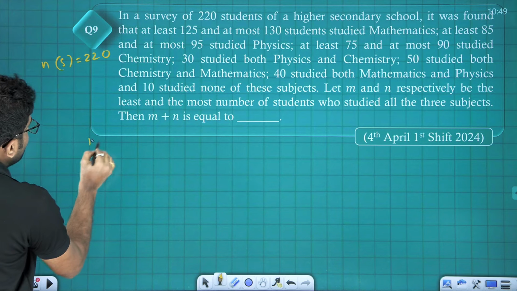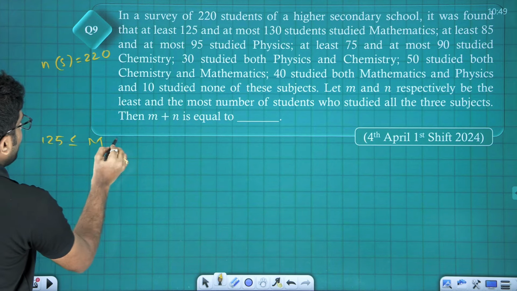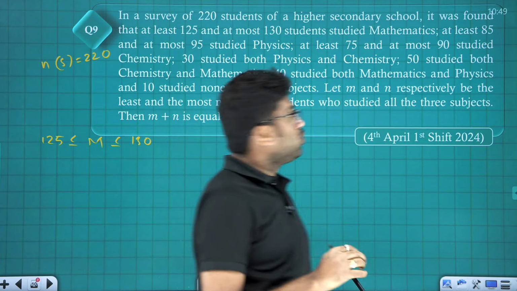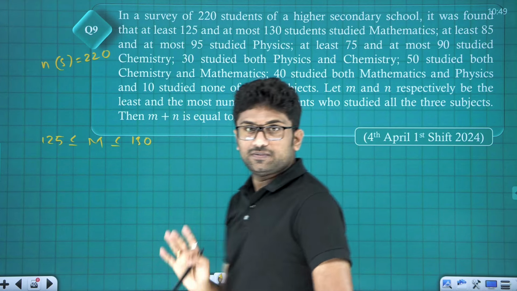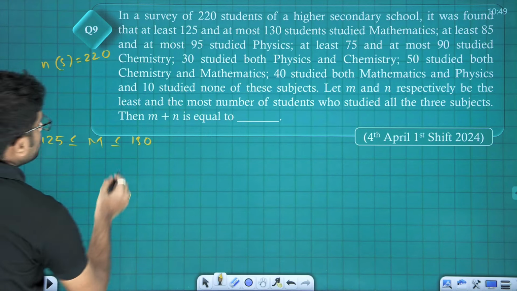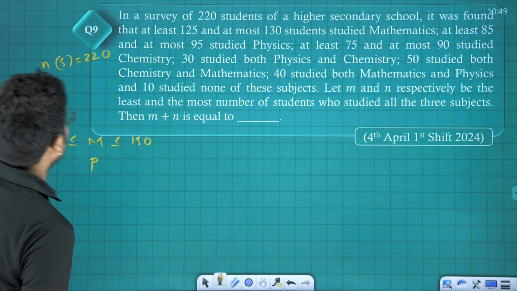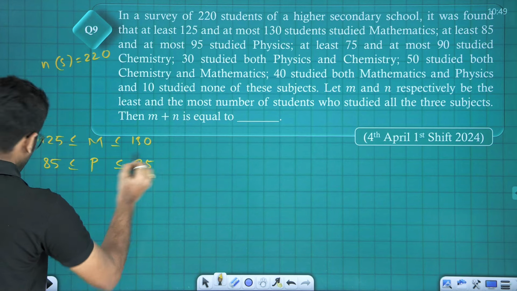So the number of students who have studied maths ranges from 125 to 130. This should be the first set. Next, the number of students who have taken physics is 85 to 95.